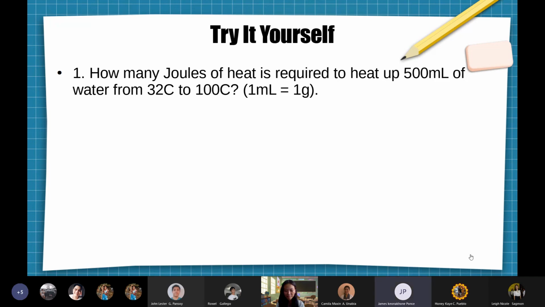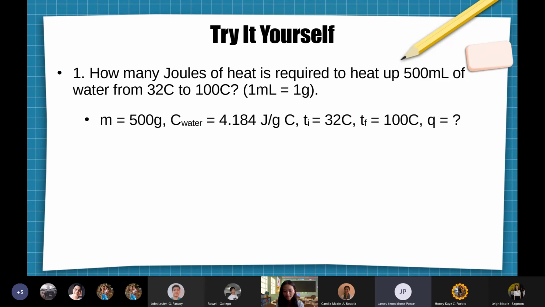Okay, has everyone finished answering? Okay, let's solve it together. Albrin Paul C. Senner, let's see if your answer is correct. First, we get the given, which is 500 grams, because 500 mL, where 1 mL is equal to 1 gram, translates to 500 grams.